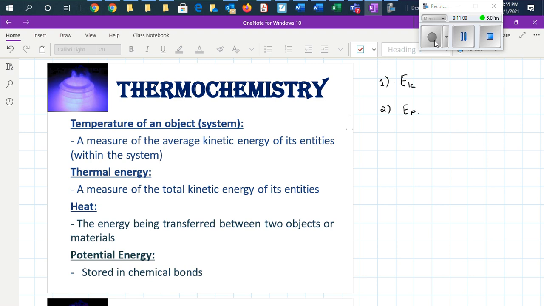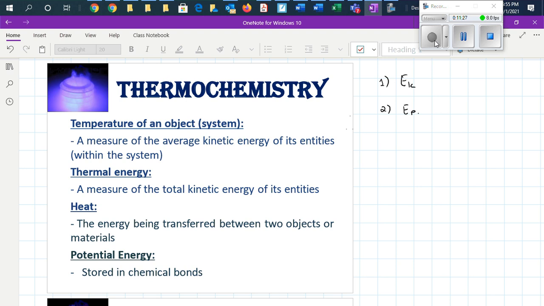Temperature is related to the kinetic energy, but they are not the same thing. Even if you take a look at the units, temperature is in degrees Celsius, whereas the units for kinetic energy are joules.